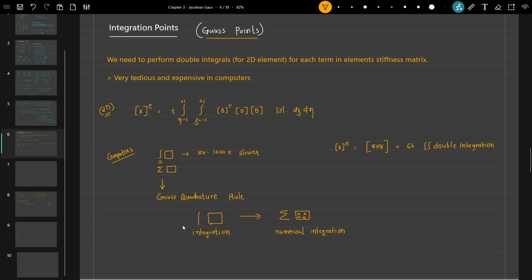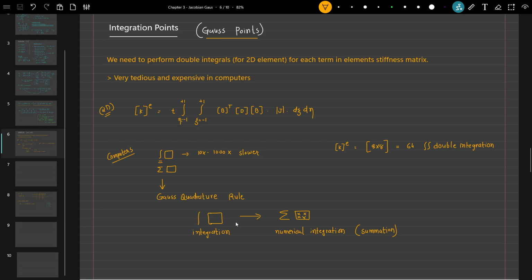Similarly, we can say double integration to double numerical integration or double summation. We can imagine the summation is very straightforward even in computers. In integration, we need to find the limit, and for one term it is easy, but in general the computation is not that straightforward, unlike summation, which is very simple.